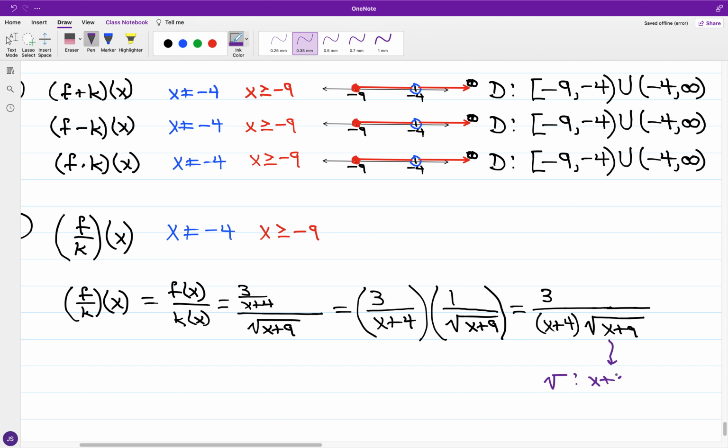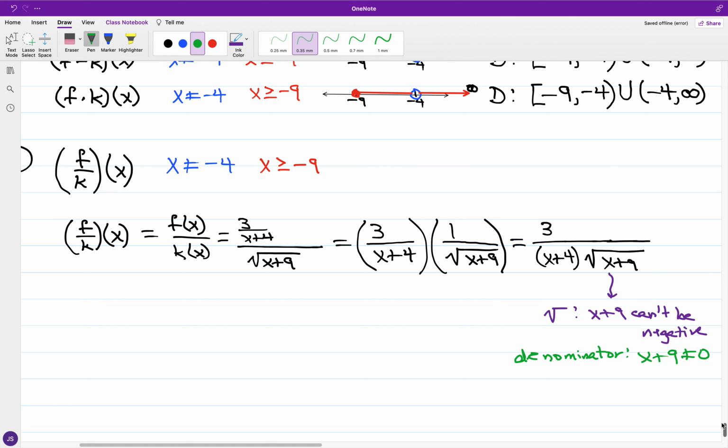We had already established that x plus 9 cannot be negative, and also because we have the denominator, x plus 9 cannot be 0. And so x plus 9 must be positive.